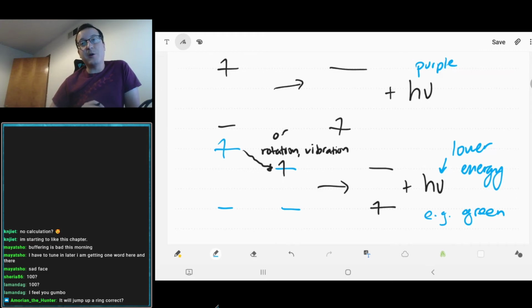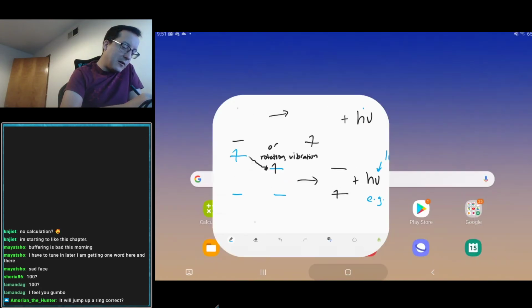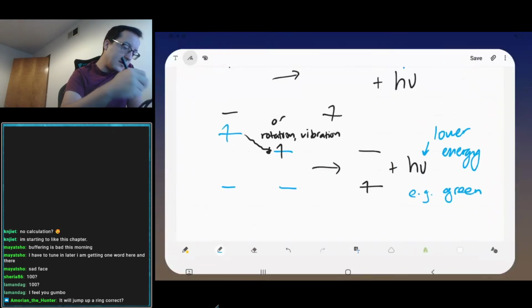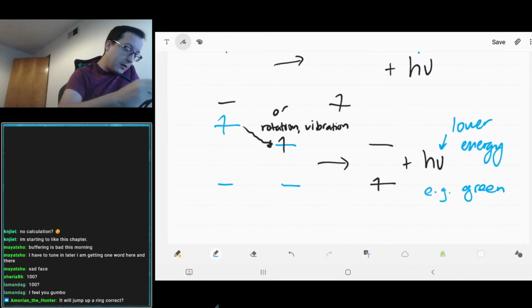So we put in purple light. The atom did some sort of energy losing process. And when that electron relaxed back down to the ground state, it released a lower energy photon. This is what is called fluorescence.